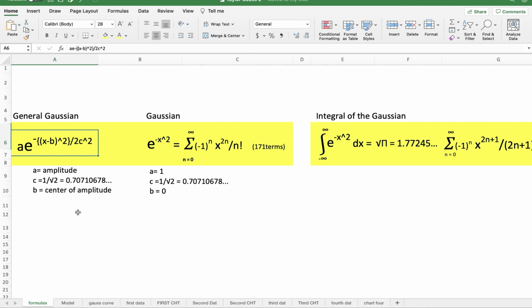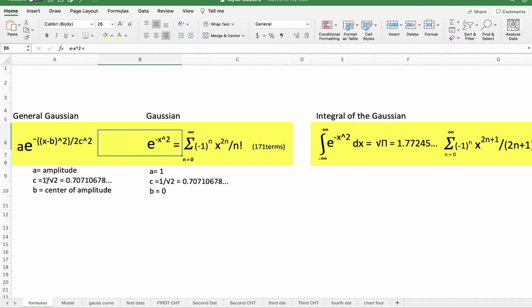And in the particular case that we looked at, C, or the standard deviation, was 1 over the square root of 2. But in most cases where you use the Gaussian to model statistical data, the standard deviation is going to be whatever comes out of the data set.